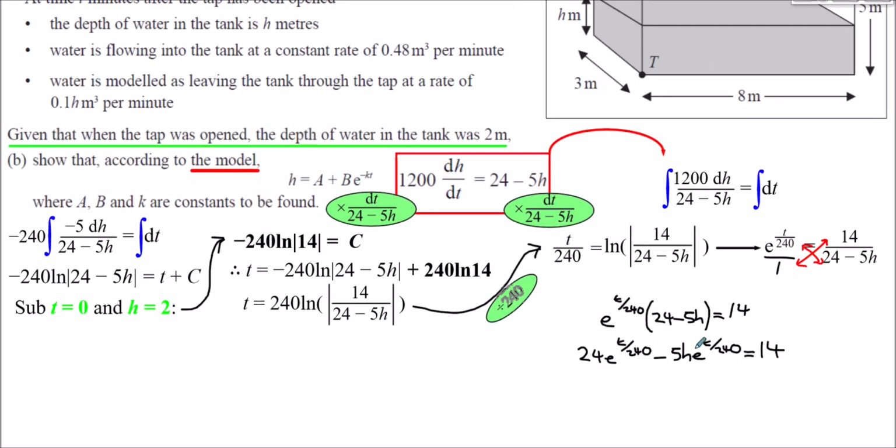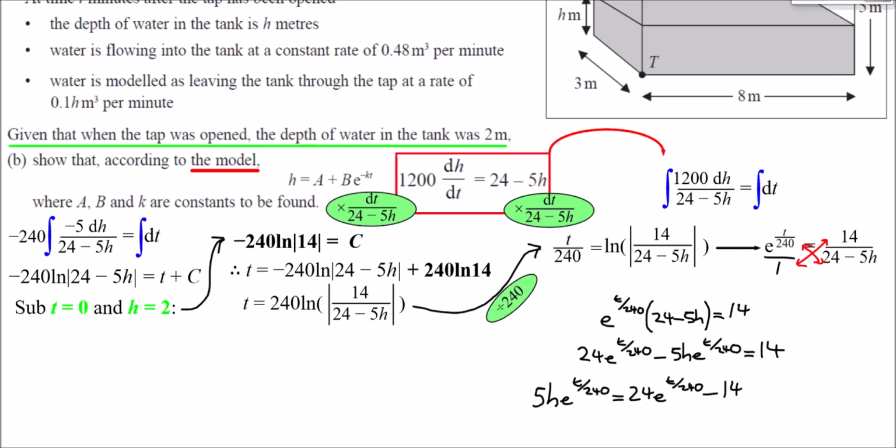So now if I add 5h e to the power t over 240 to both sides, let's get that as the subject, 5h e to the power t over 240. That's the same as 24 e to the power t over 240 minus 14.